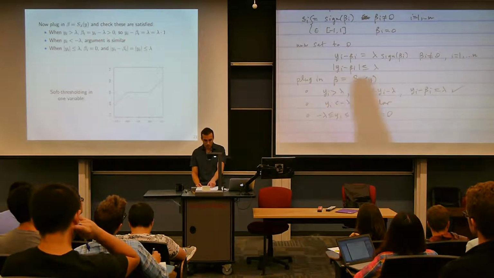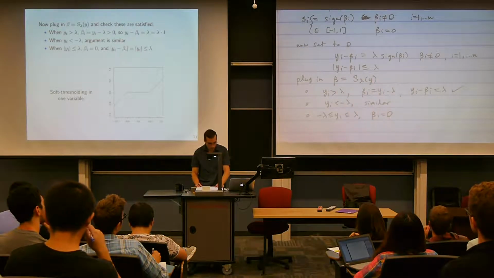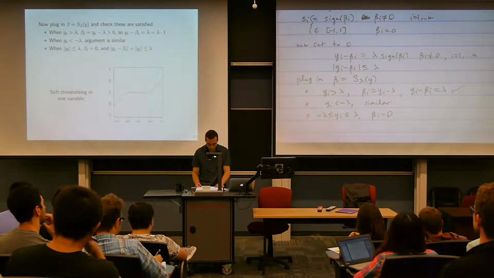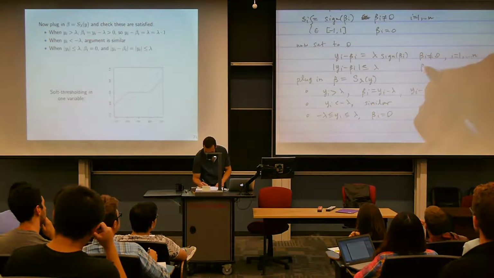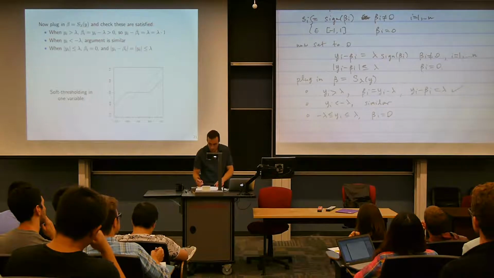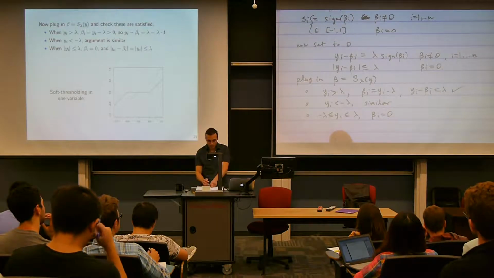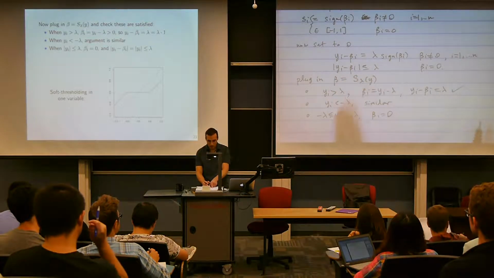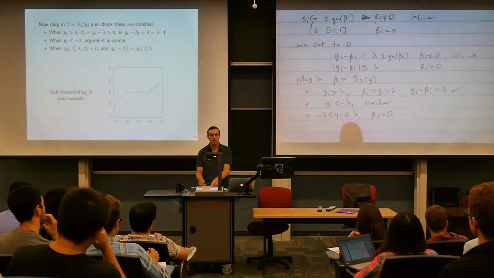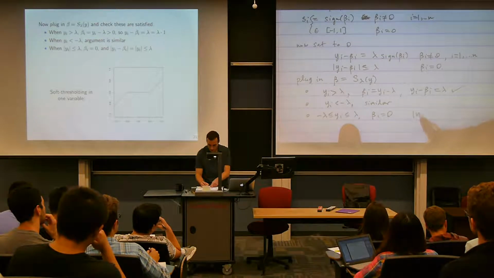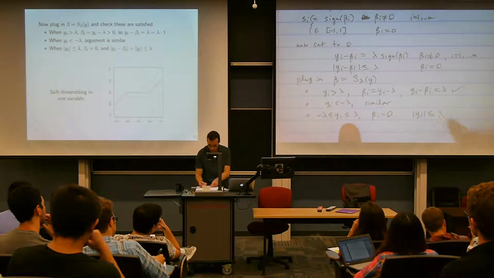And that means we have to see if we can satisfy this condition. And that's clearly true, that yi has absolute value less than or equal to lambda by construction of this case. So that part of the subgradient condition is also satisfied.